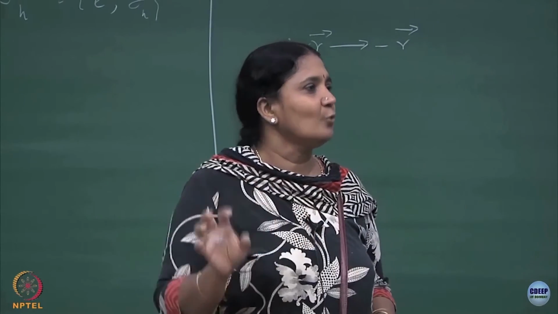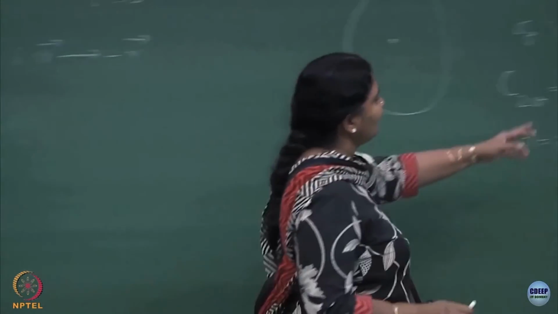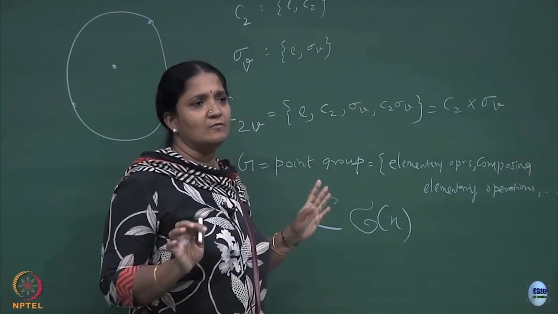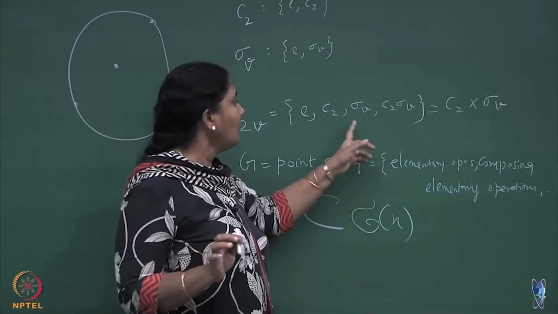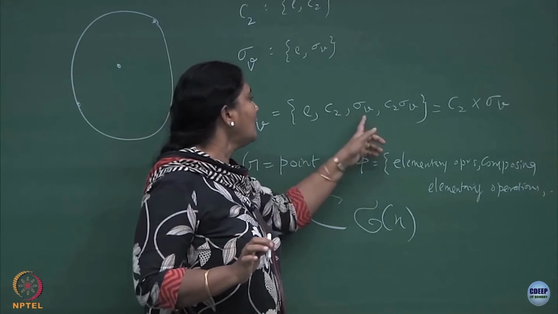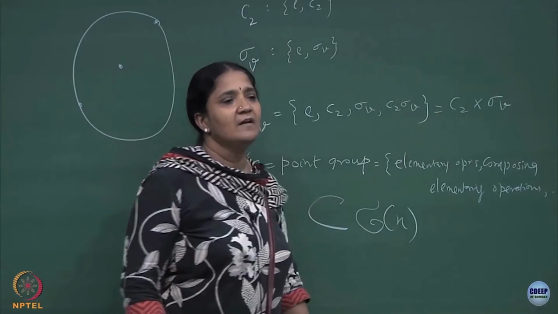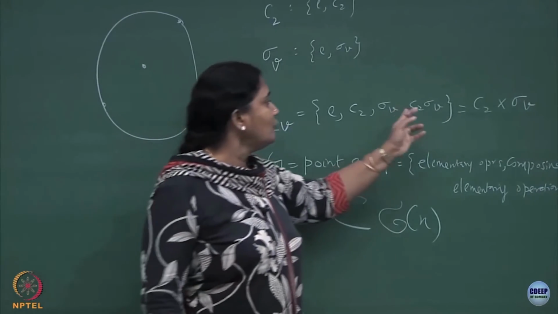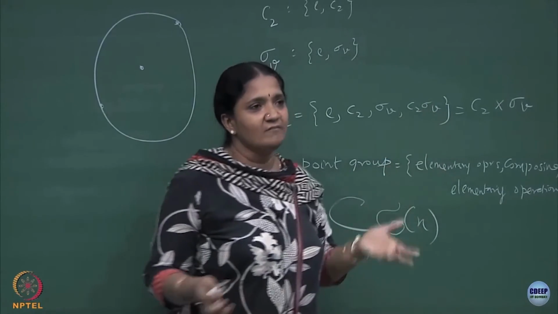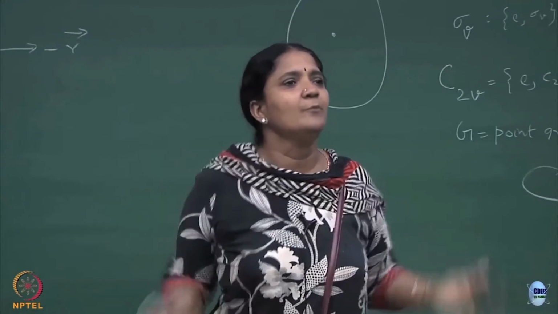Whatever composition of rotations you take, it will never give you that, it is clear, no? If you do C2 and then C2 squared, you are not going to get sigma V at all. Sigma V is a distinct generator, and when these two are composed, you can call the resulting element an improper transformation, because C2 is a proper rotation, sigma V is a reflection, and combining a reflection with a proper rotation is an improper transformation.